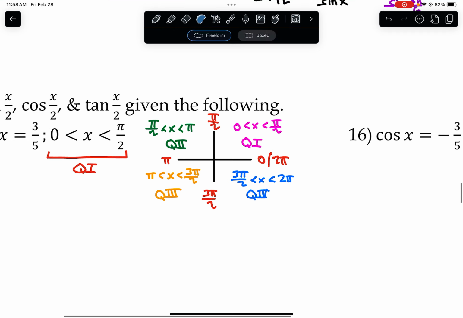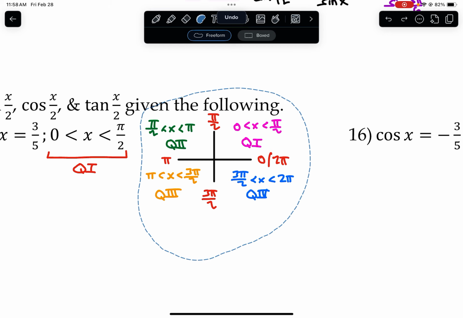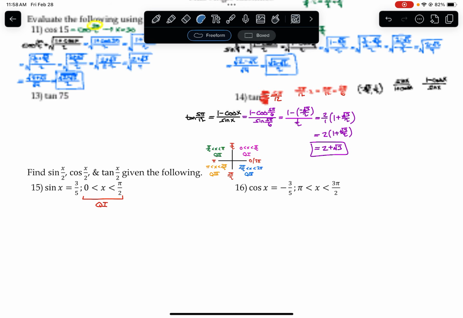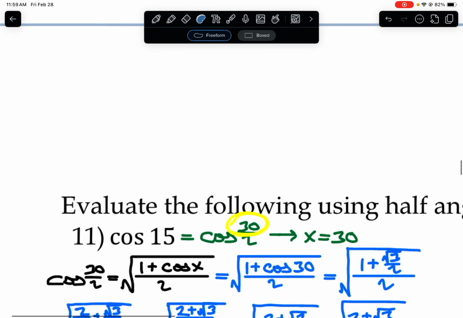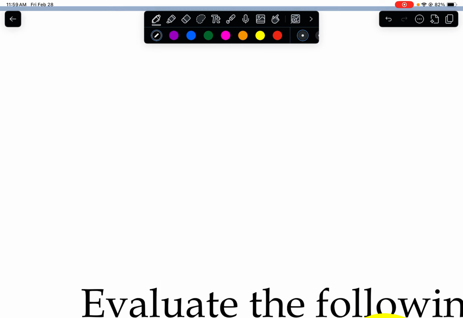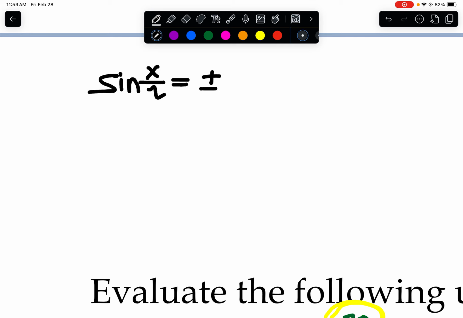So here's a good little graphic for you to keep in mind. One important note that I failed to mention, so that's kind of my fault. I'm going to write the identities up here, which I said I was going to do and I didn't. Shame on me. So I know sine of x over 2 is going to be equal to plus or minus the square root of 1 minus cosine of x, divided by 2.